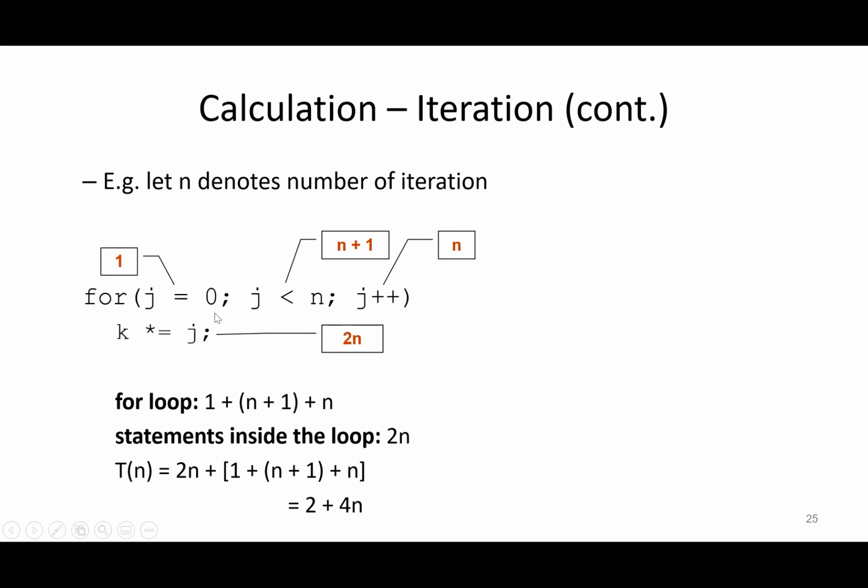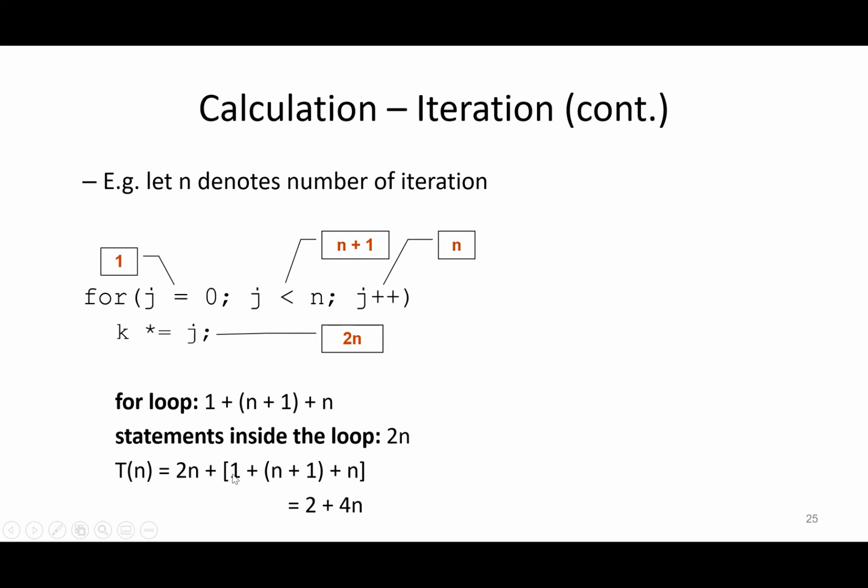And then for the statement inside the for loop, it's only k multiplied equals j, right? So this requires 2 steps, but because we execute n times, the total number of steps will be 2 multiplied by n, which is 2n inside the loop. Okay. So then for the total time steps that you need, you just add up the operations in the header together with the number of operations inside the for loop.